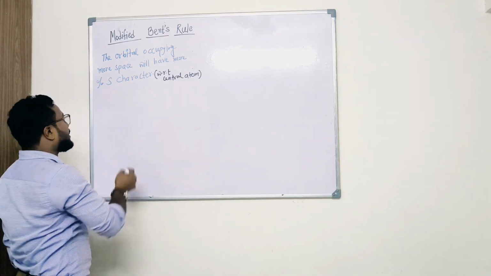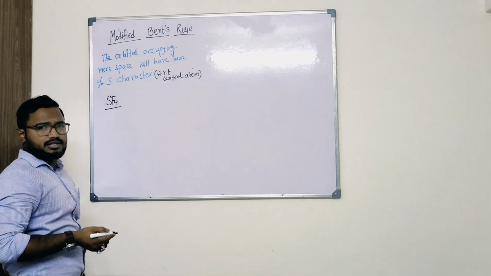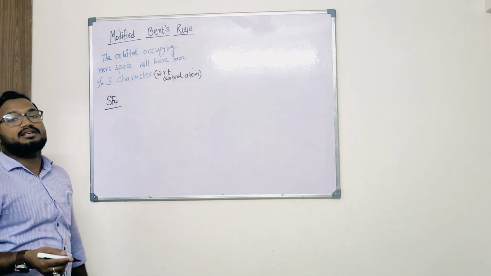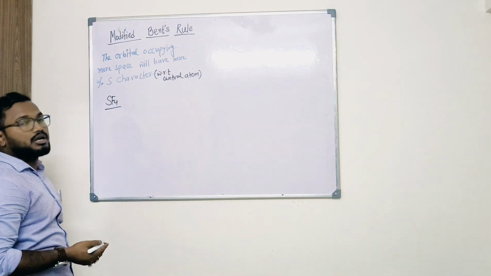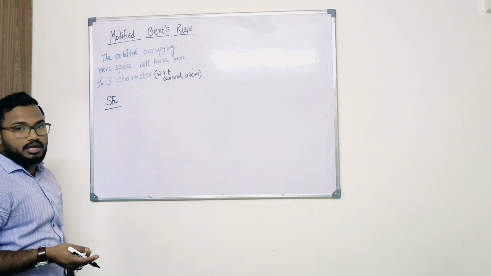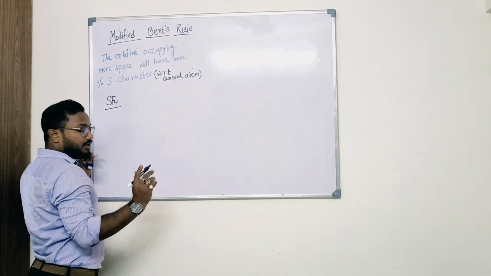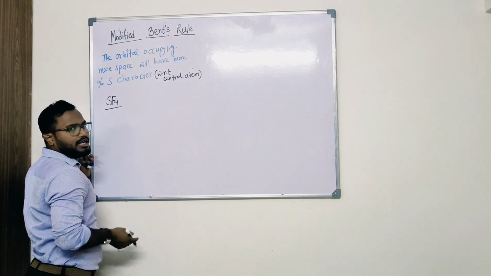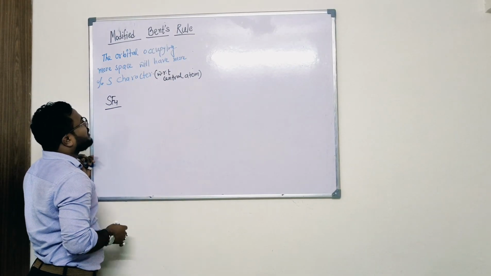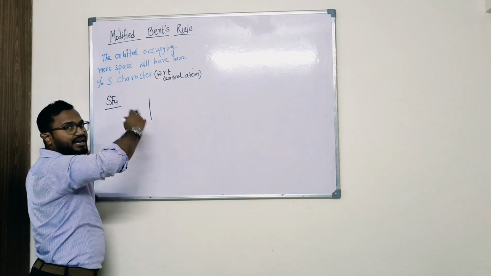Let us take one example, the SF4 molecule. We have already discussed that SF4 has seesaw shape, TBP geometry, and sp3d hybridization. So in general, if you are taking any compound, we can see the same variation. See, these are our axial positions.